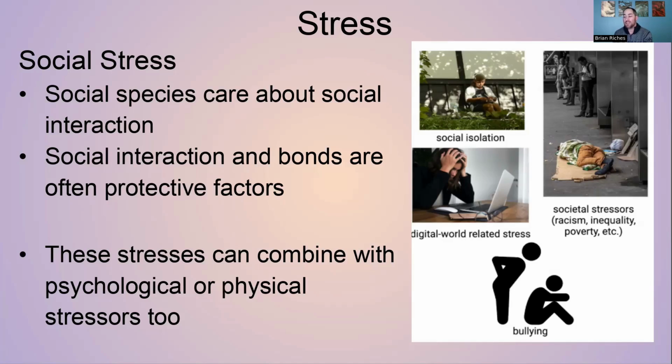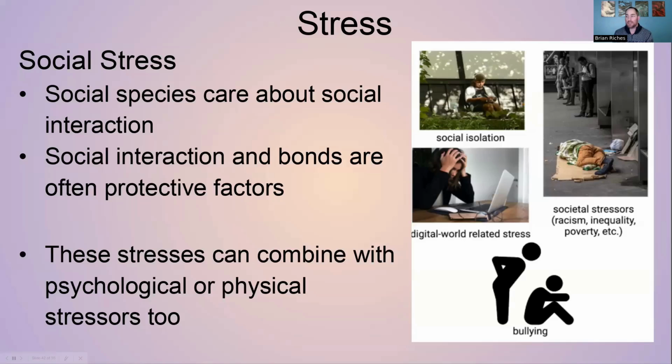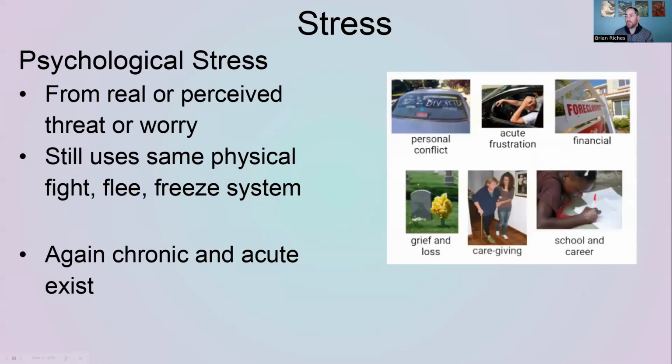But in addition, these stresses combine, right? Social stresses plus psychological stresses plus physical stresses can all be happening at the same time. You might have a biological stress of an illness, which means you're not able to get to as many hours of work, which then means your worry about your bills coming up is even higher, just as one example.